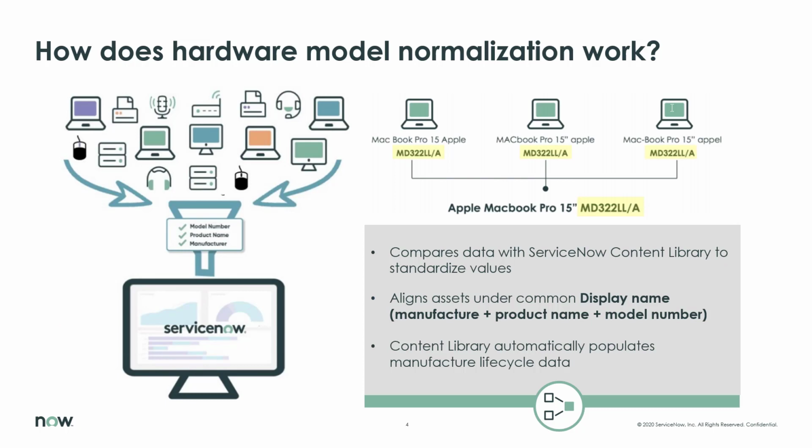This asset is then compared to our content library, and all of that model information gets populated with end of life, end of support data as well, along with a common display name across all of those particular hardware assets. So no matter what inventory source you have and how different those inventory sources are, you end up with a common name for that particular CI within the ServiceNow CMDB.